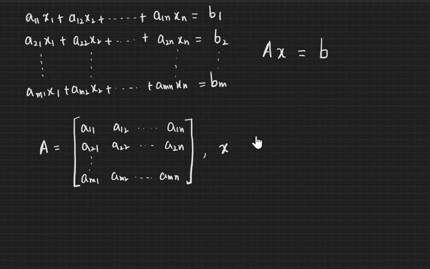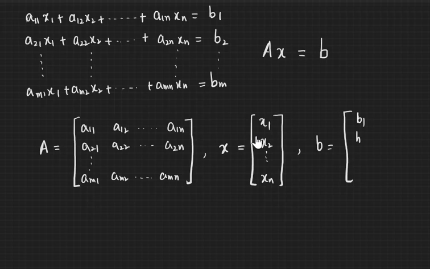This matrix X is the column matrix whose entries are x1, x2 up to xn, and the matrix B is the column matrix whose entries are B1, B2 up to Bm.